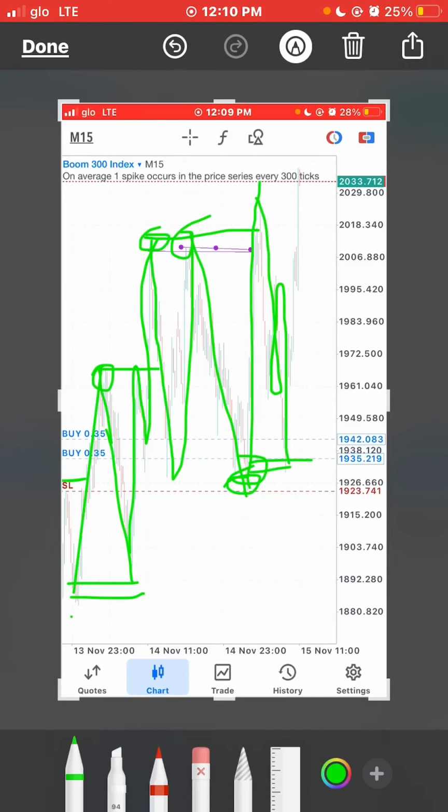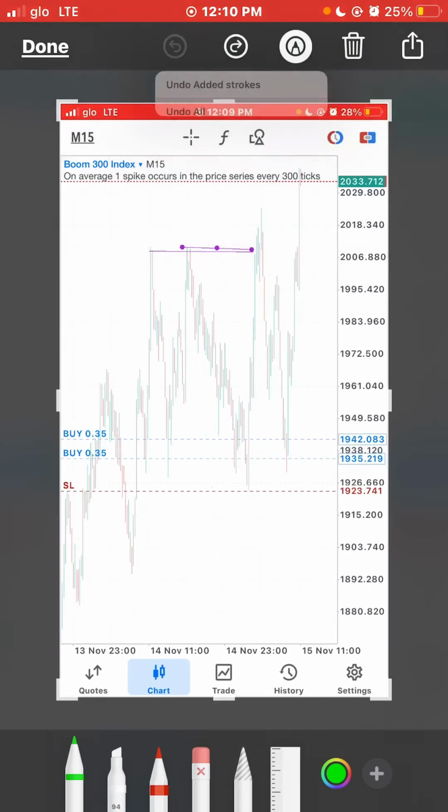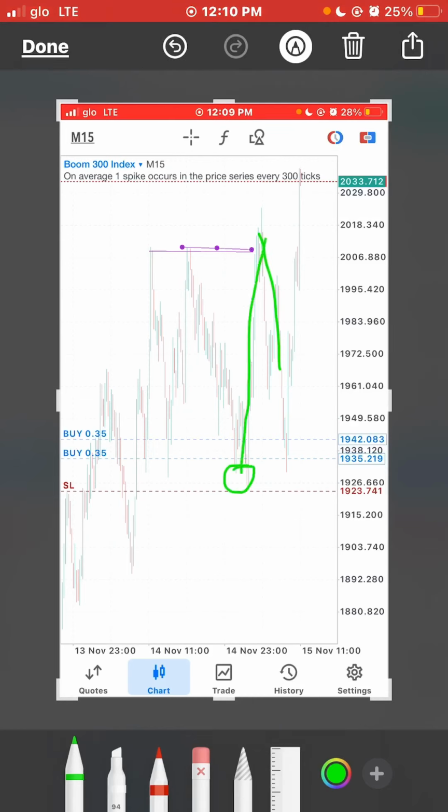So don't get crazy. Always wait for the market to come down to extreme zones before buying. And if the market starts breaking all these lows, you know the market has changed direction and is now in a bearish condition.